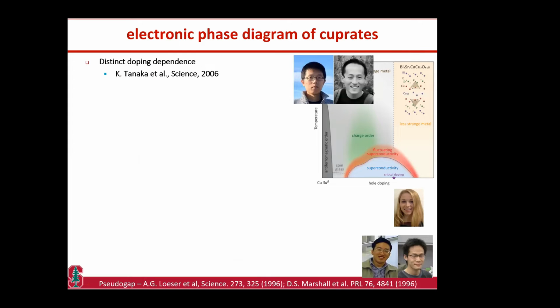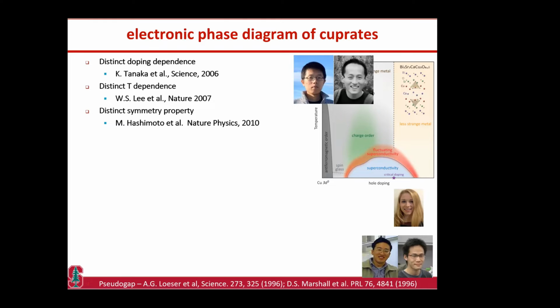Now, for the last 15 years, we began to try to make better sense of the bigger picture of the phenomenology of the electronic phase diagram, started by looking at the doping dependence, temperature dependence, and the symmetry property. Then around 10 years ago, during the thesis work of Inovishik, we began to zoom in on this regime, where there's a critical point.